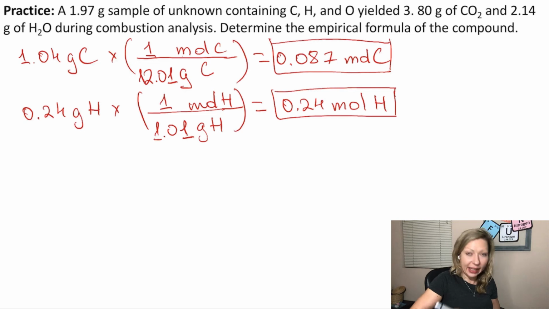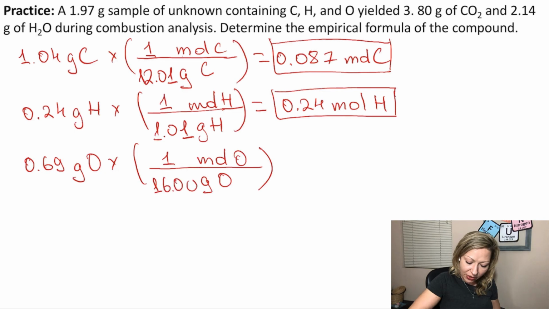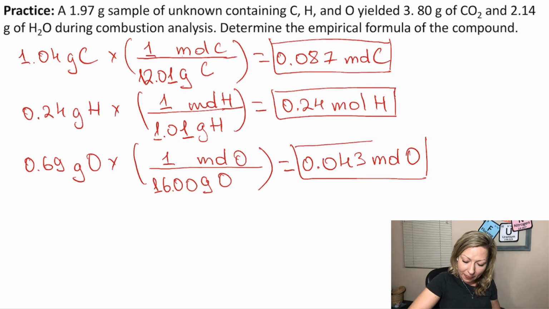And I can calculate the moles of oxygen using the 0.69 grams of oxygen that I also calculated on the previous slide. Grams of oxygen on the bottom, moles of oxygen on top. 1 mole is 16.00 grams. So that is going to give me 0.043 moles of oxygen atoms.